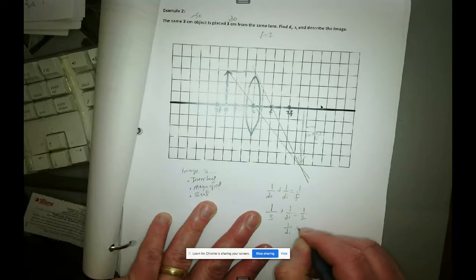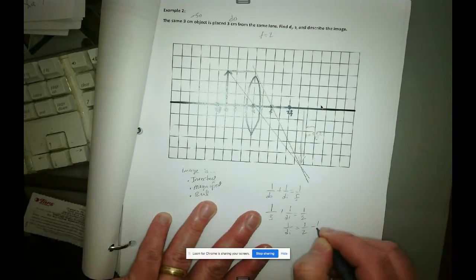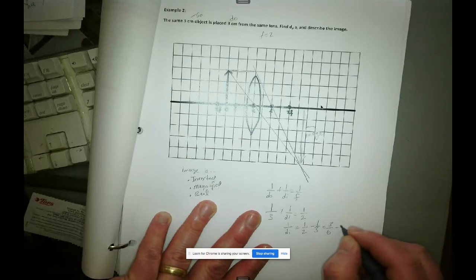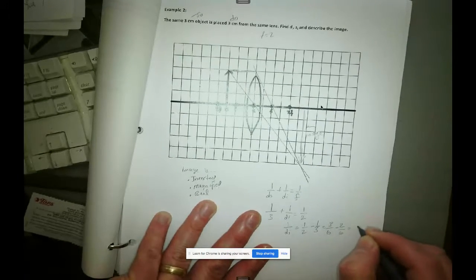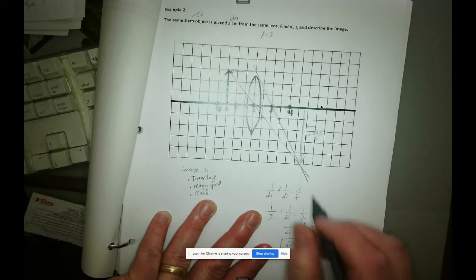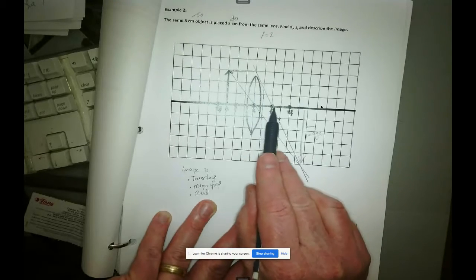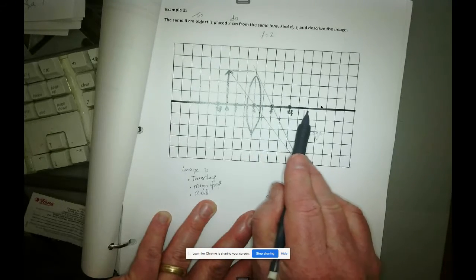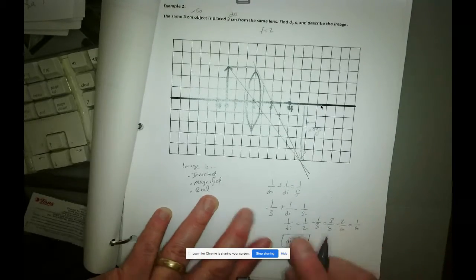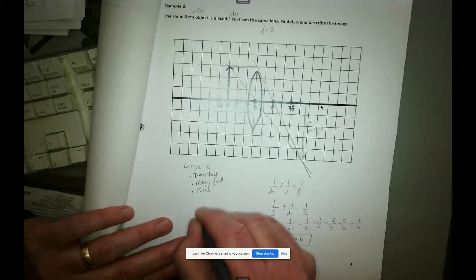Subtract a third from both sides. I get this. And again, the common denominator is 6. So 3/6 minus 2/6 is 1/6. So di, I take the reciprocal, is just going to be 6. And if you look, we count from the center, 1, 2, 3, 4, 5, 6 would be here. So it's pretty close.